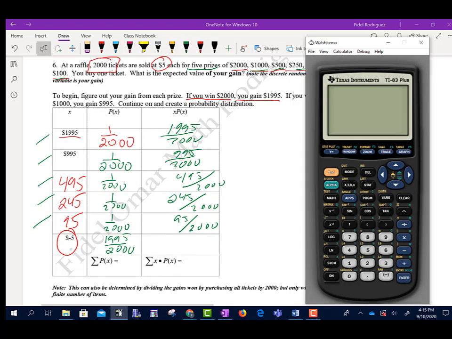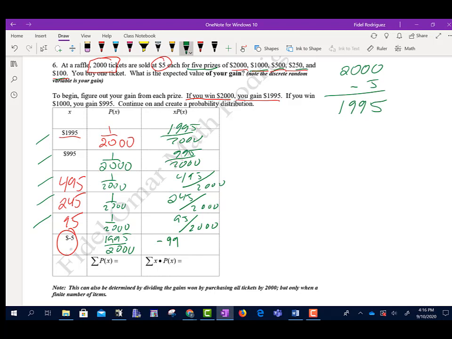So now I've got to figure out what's negative 5 times 1995? It is negative 9975. Negative 9975 out of 2,000, okay?